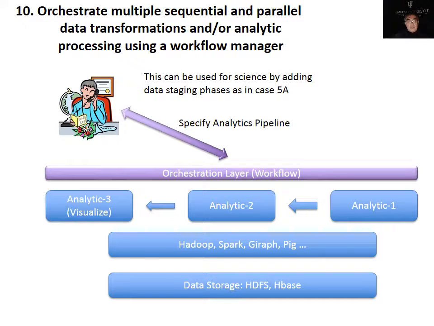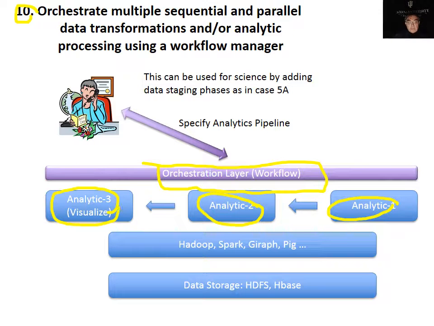Here we have the final example scenario, example 10, which is actually similar to what we had before, except it has this crucial orchestration layer spelled out a bit more, which is the workflow showing different analytics: a clustering followed by a multidimensional scaling, followed by a visualization package.